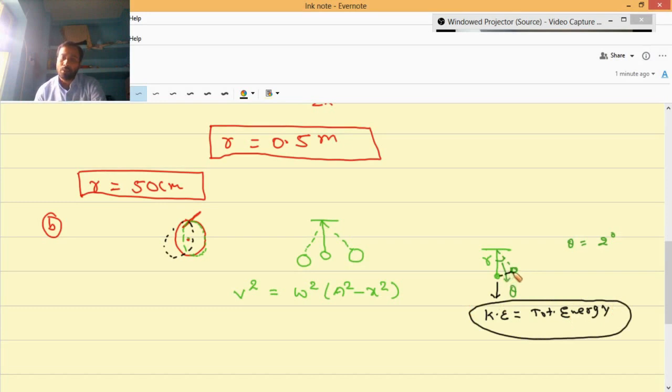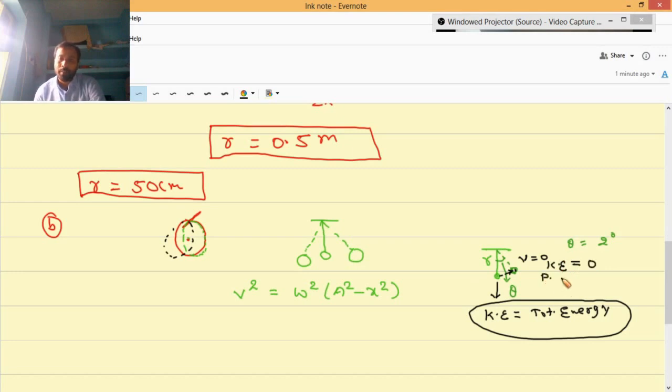But when this particle comes to its extreme position, its velocity will be exactly equal to 0. Why? Because at this particular position the particle will stop, so the velocity will be 0 and the kinetic energy of the particle will be 0 there.